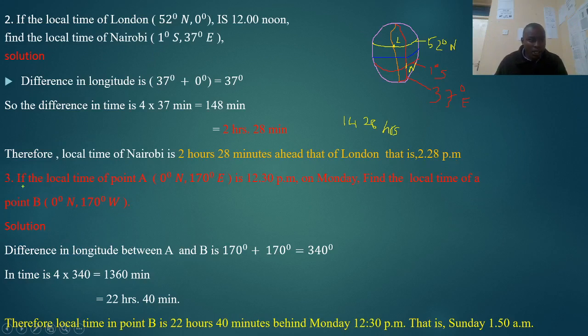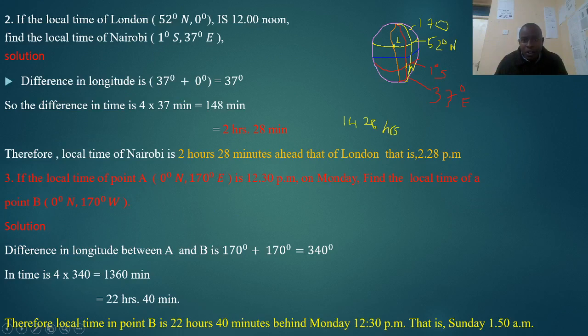Now, another example, example 3. If the local time of a point A is at 0 degrees latitude, in simple terms 0 degrees does not have north or east, it's just 0 degrees, and 170 degrees east, let me draw it.